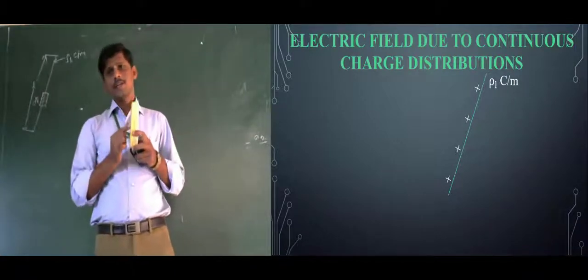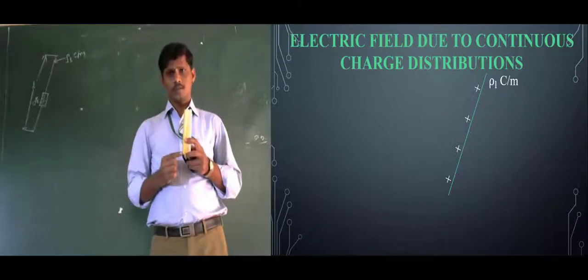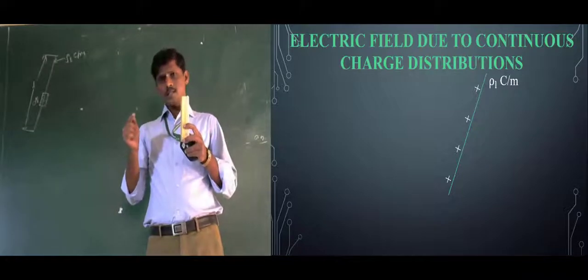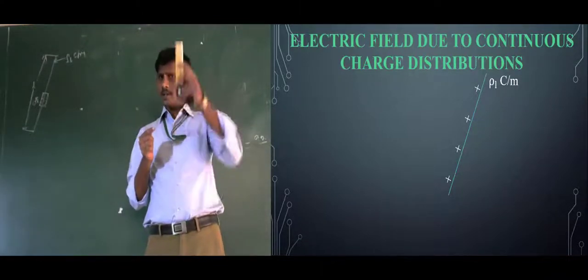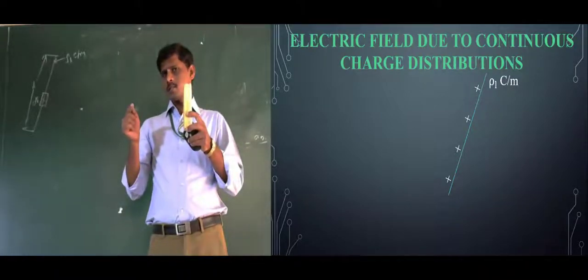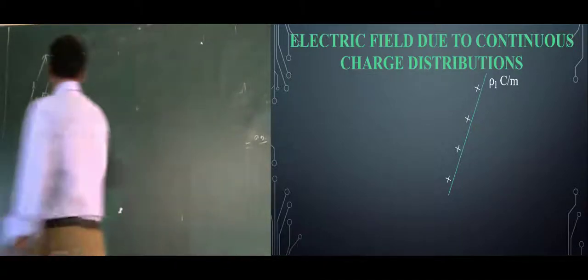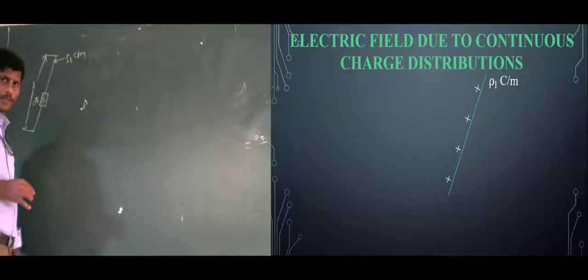The electric field intensity is always moving outward from the positive charge. The point P is considered perpendicular to the line charge.